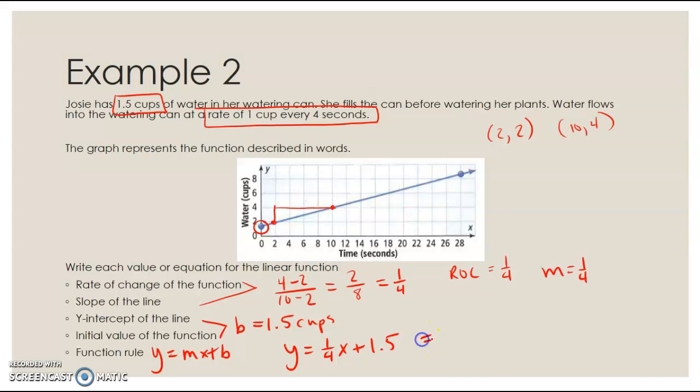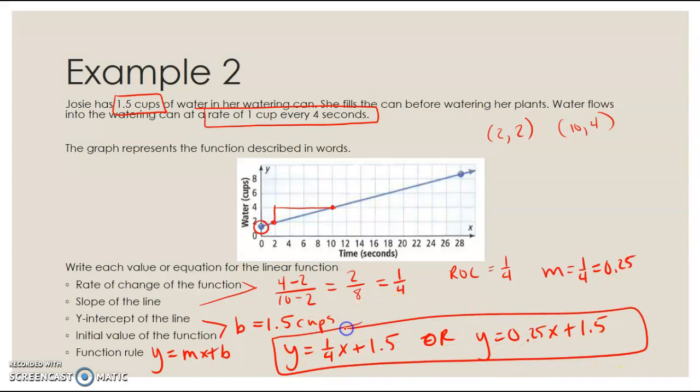The other way we could write this, or y equals 1/4 is equal to 0.25, 0.25x plus 1.5. Now, how do you know when to do which? It'll either tell you or it's going to give you a multiple choice option. But both of these are correct.